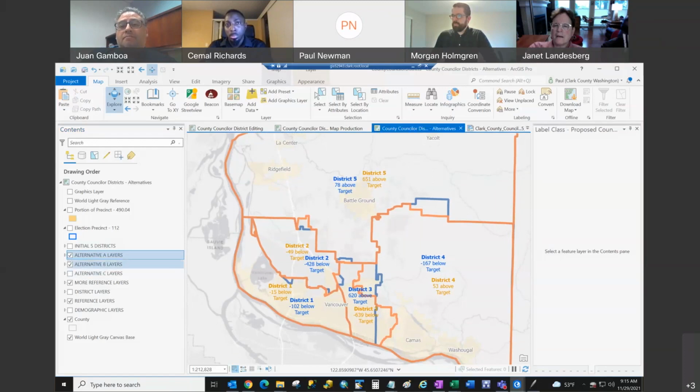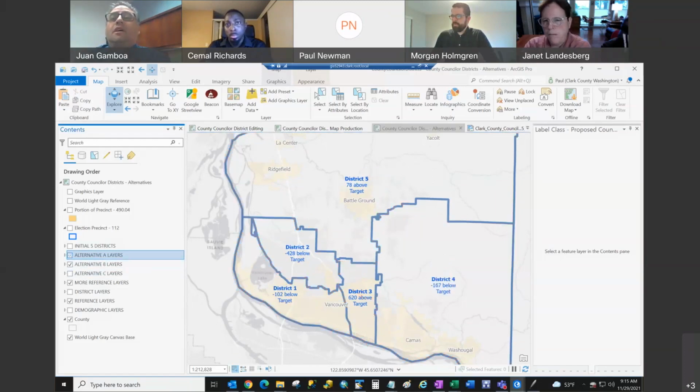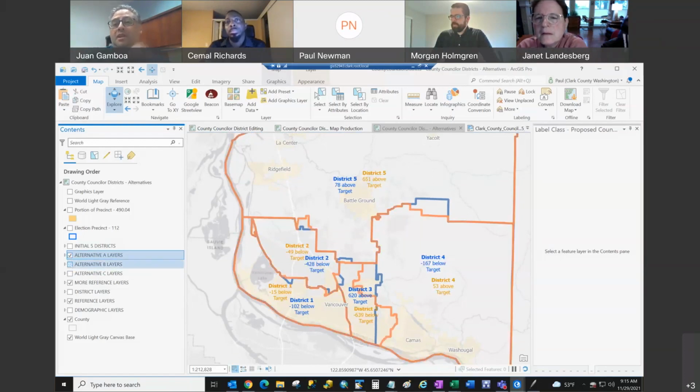And that's of alternative B? No, alternative A, I'm sorry. So, you know, Morgan was saying let's get more compact, and population doesn't really matter how far off it is, then we can start moving that northeast boundary east. Okay, so this area here? Yeah, because that district's got 639, right? If it sucks it in from District 4, it would shrink District 4, but then you're just flipping the negative over.